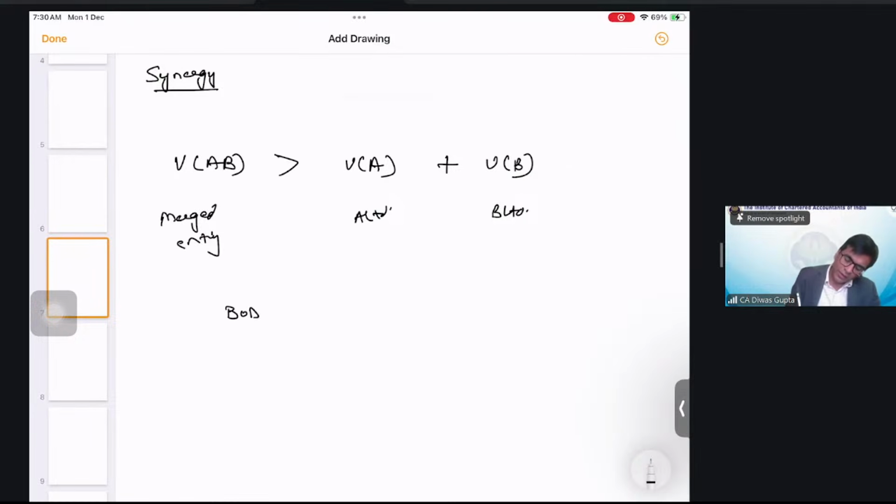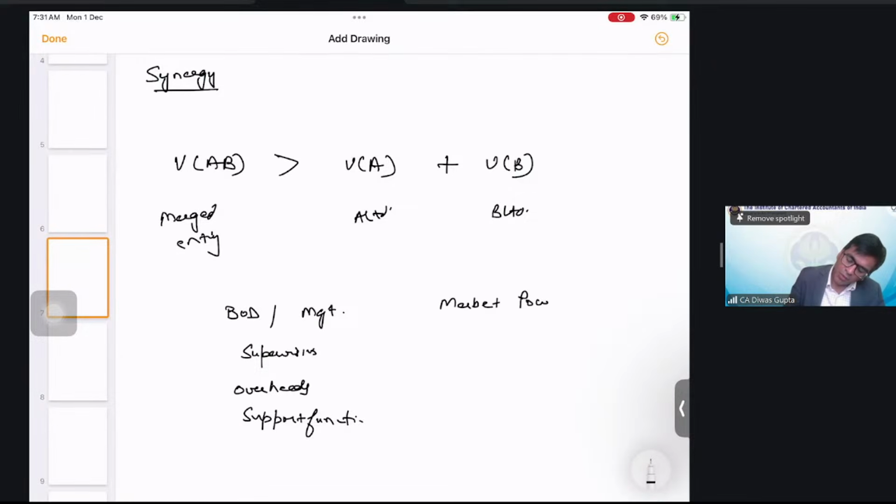One, now there is a common board of director or management, right? Supervision will also be common. There will be savings in overheads, right? And in support functions. Similarly, their market power collectively have increased, right?